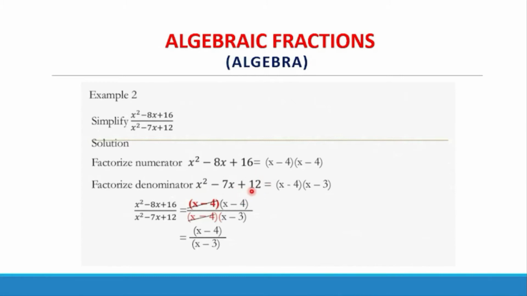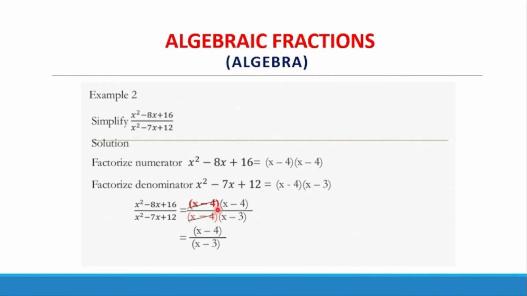The factors of 12 are 3 times 4, either two negatives or two positives. However, the middle term is negative, so we use two negative signs, negative 4 and negative 3, and the factors are x minus 4 and x minus 3.